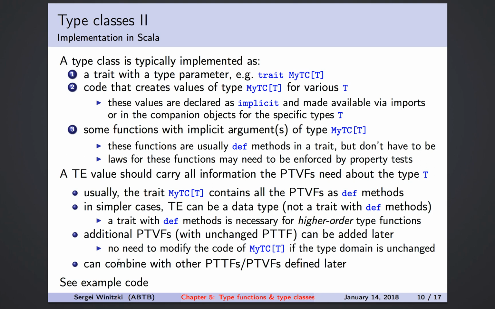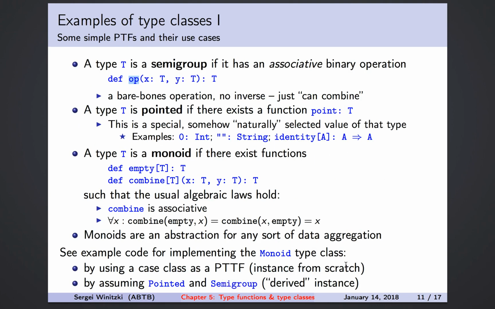And as we'll see later, we can combine this with other partial type functions that we define in the other code. So that's exactly what we wanted. Let's look at some more examples of type classes.